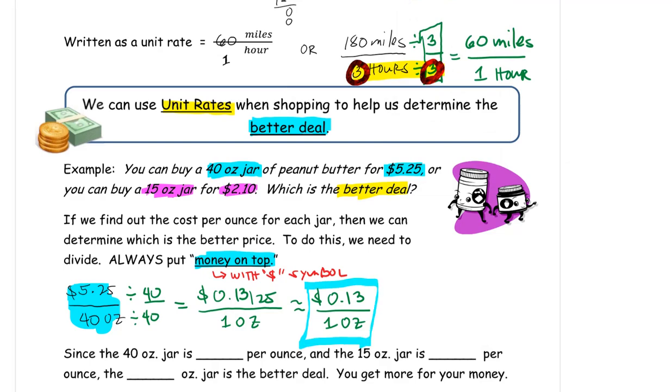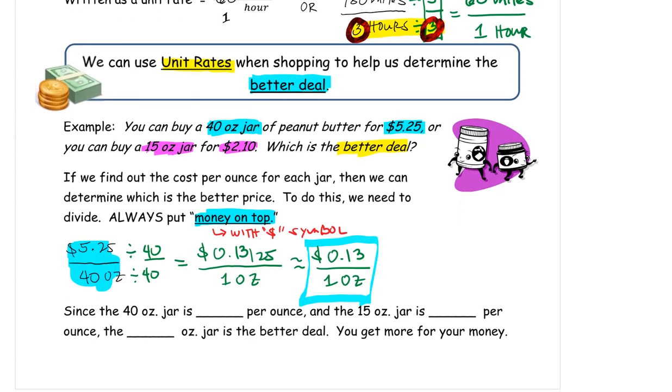Let's take the second rate, where again I'm going to write first the value, the money on top, all over 15 ounces. Again I'm going to make the denominator equal to 1, so I'm going to divide that by 15.